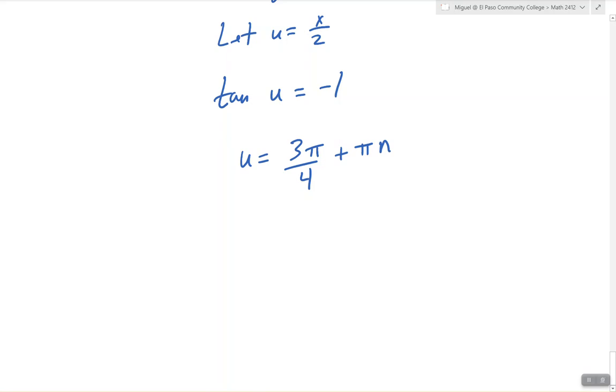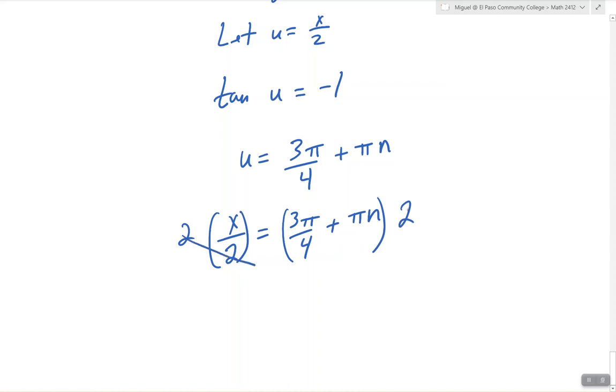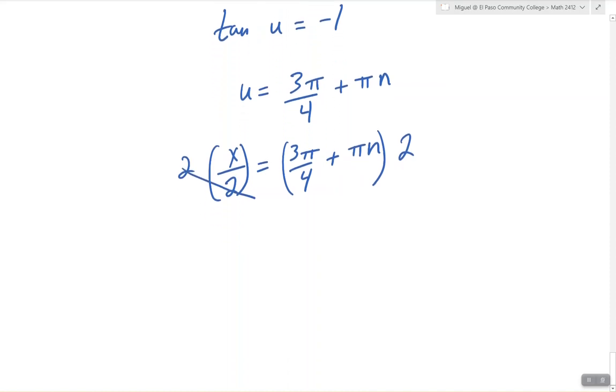Okay. Let u be x over 2. Solve for x. This will be what? 3 pi over 2 plus 2 pi n.